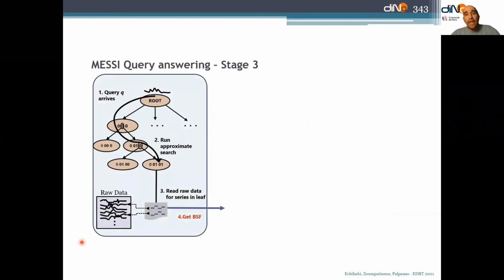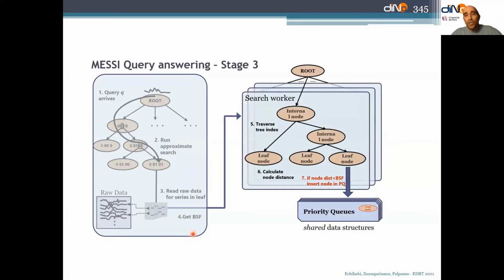Query answering is different than what I described earlier with Paris. We once again start with an approximate search to get the first best so far. This is a very fast operation which doesn't make sense to parallelize. And then in a second step, MESI uses a set of priority queues where we store all the leaf nodes that cannot be pruned.